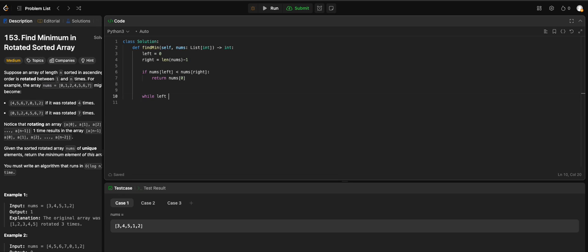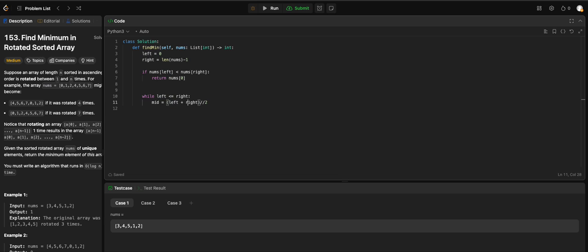Binary search is always while left is less than or equal to right. The midpoint will always be left plus right, divided by 2. In Python you should double divide by 2, because we want a whole number, not a decimal number.